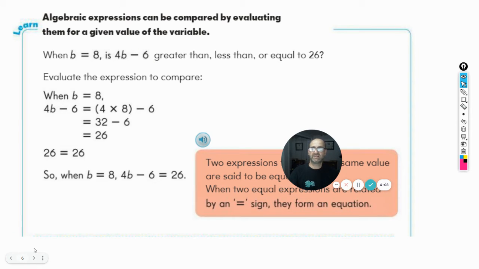Algebraic expressions can be compared by evaluating them for a given value of the variable. Okay, when b is 8, is 4b minus 6 greater than, less than, or equal to 26?